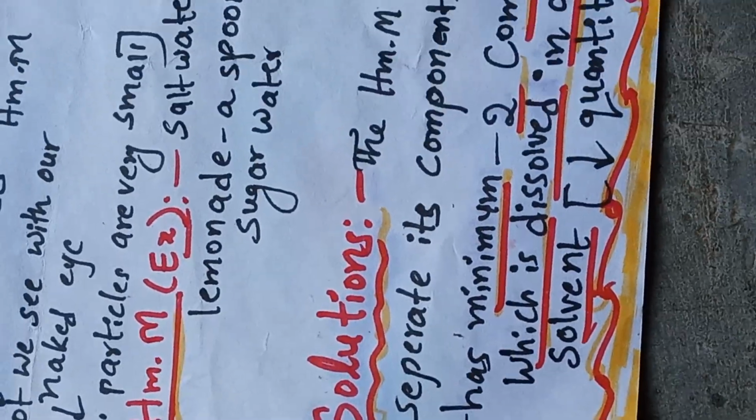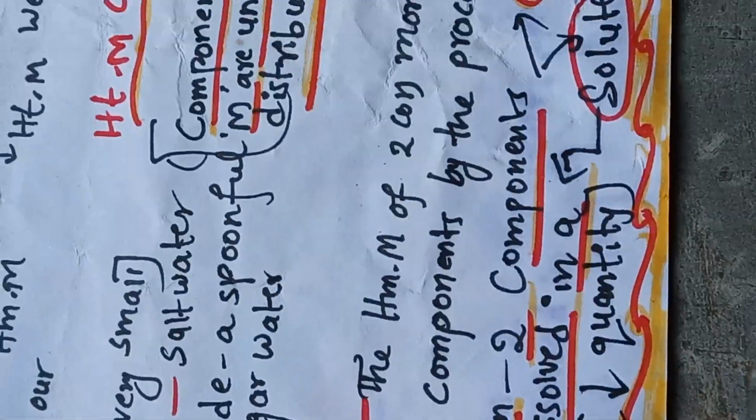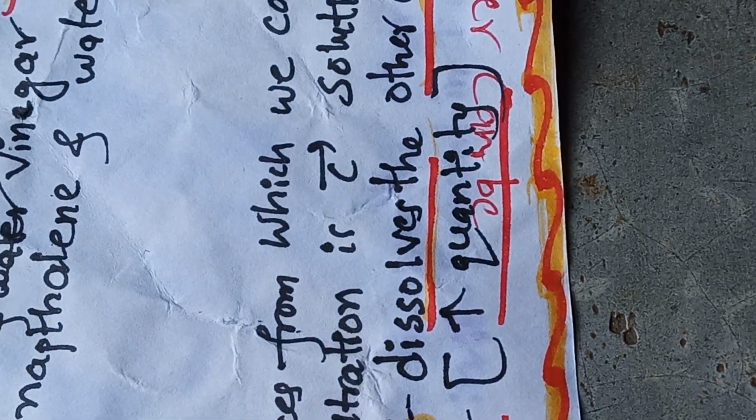A solution has a minimum of two components. One is a solvent, another one is a solute. Solvent means it dissolves the other component in it. It is present in high quantity.